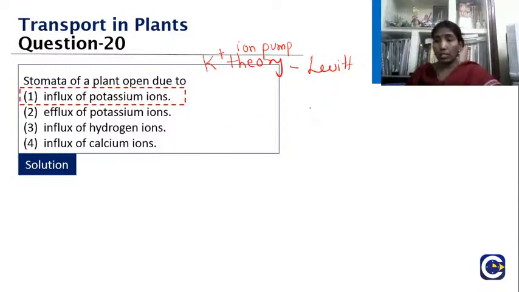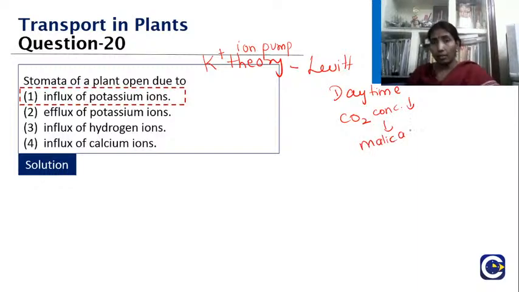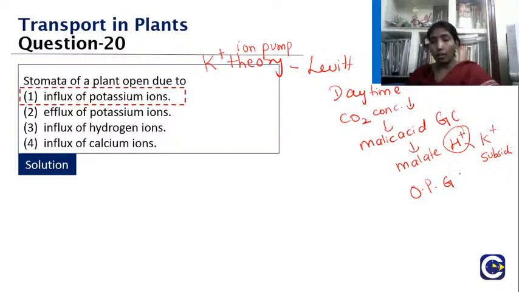So you can also see how the stomata will be kept open. It happens in the daytime, right? So in the daytime, what will happen? The carbon dioxide concentration will decrease. So the malic acid is formed in the guard cells. Now what will happen? This will dissociate into malate and hydrogen ion. This is exchanged for the potassium ions in the subsidiary cells. So what will happen to the osmotic potential in the guard cell?